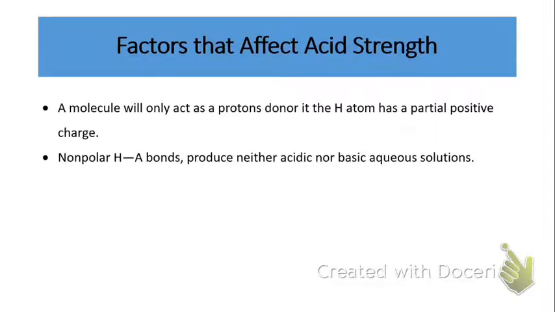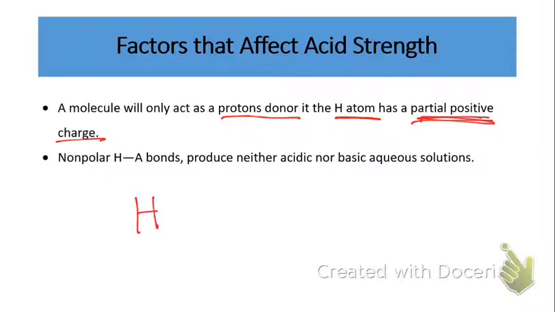Now remember that a polar bond is created due to electronegativity difference within the two atoms that create the bond. A molecule will only act as a proton donor if the H atom has a partial positive charge, and the only way we create this partial positive charge is due to having a polar bond.